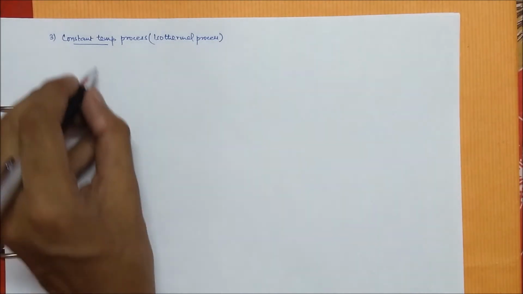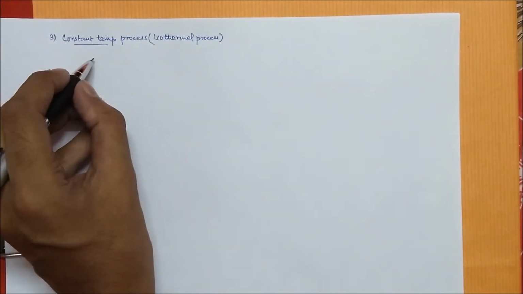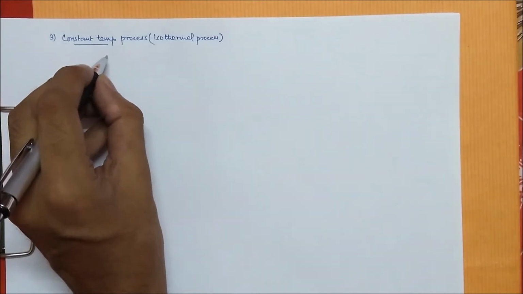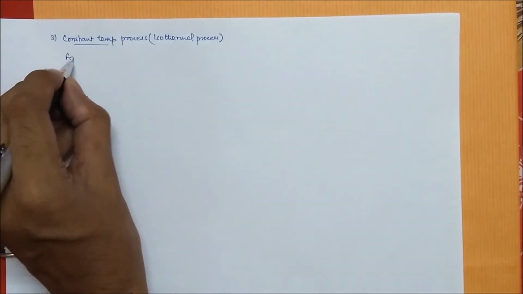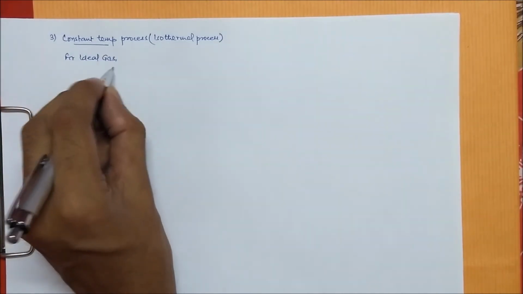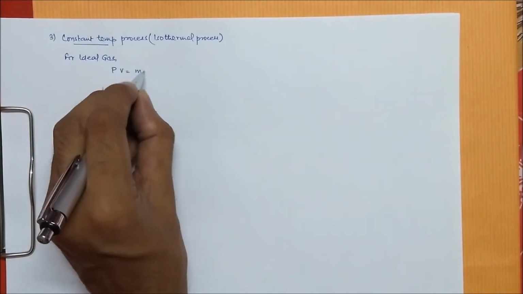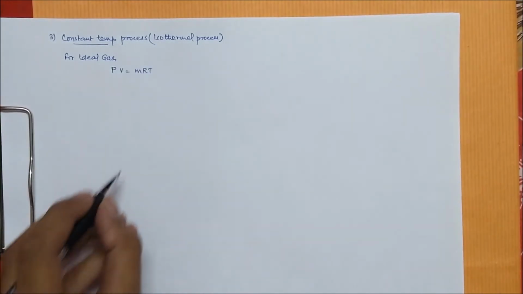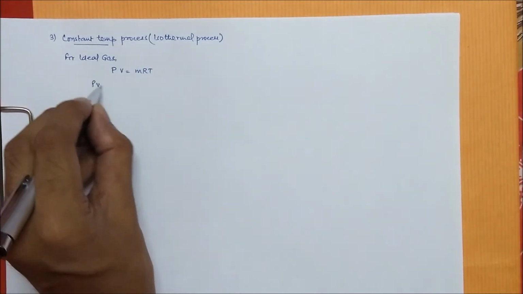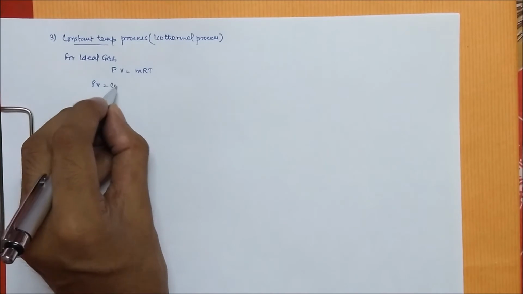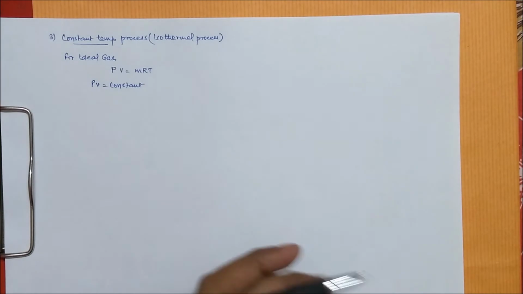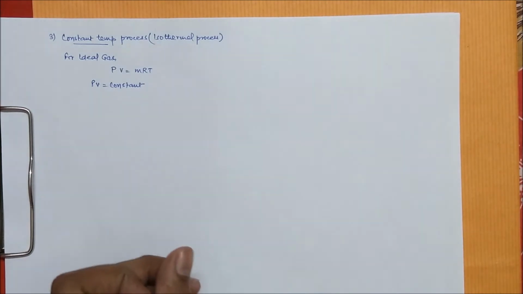So let's get the work done for constant temperature. For an ideal gas, we have PV is equal to mRT. As T is constant, PV is constant because m and R are already constants.